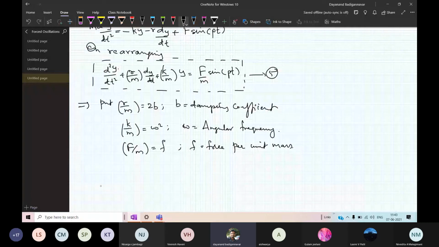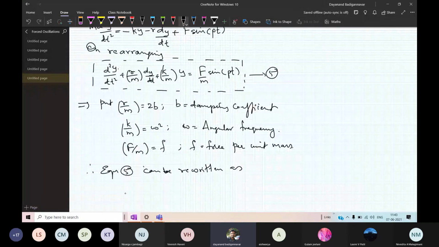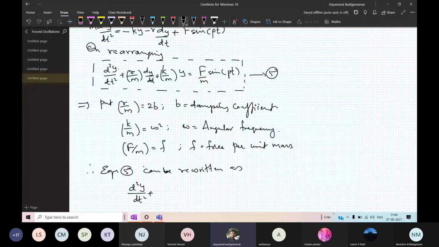Now you write equation number 5. Equation 5 can be rewritten as d2y by dt square as it is, plus R by M which is 2B into dy by dt, plus k by m.